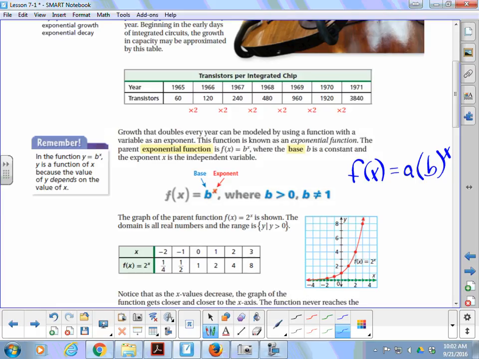But it also tells us about growth, or it talks about scale factor. So if I'm increasing by a certain amount or like that. Okay? So a does the same thing. And if it's negative, it means we have a reflection over the x-axis, a vertical reflection. But most of the time we'll be looking at this, because a will end up being our starting value, which is usually where we cross the y-axis.